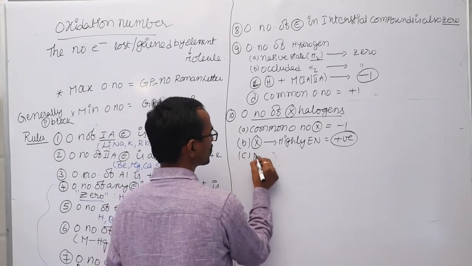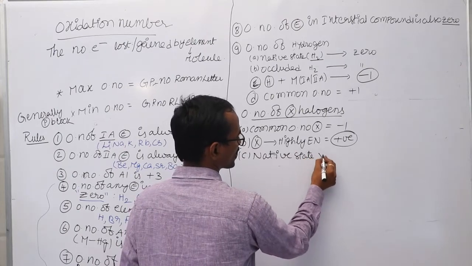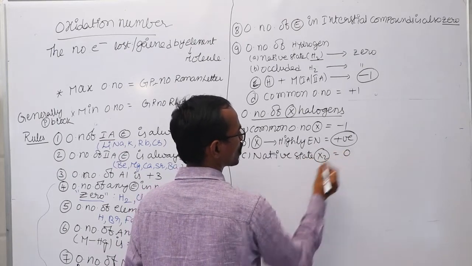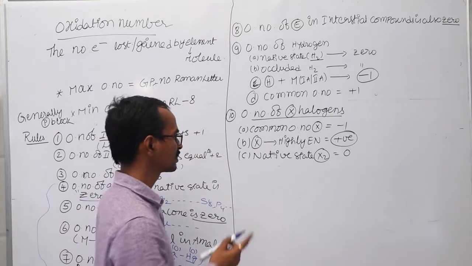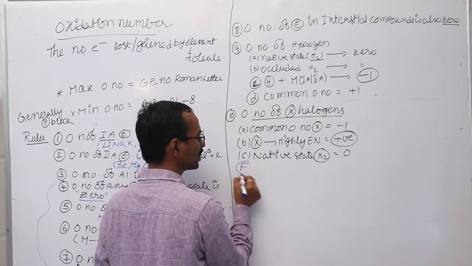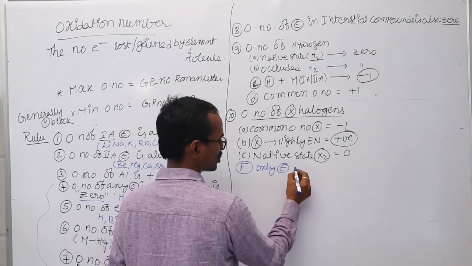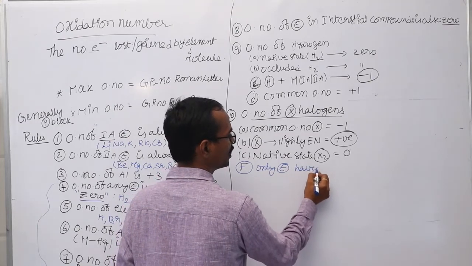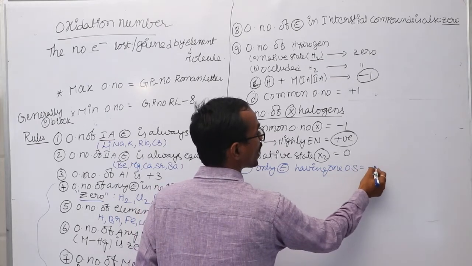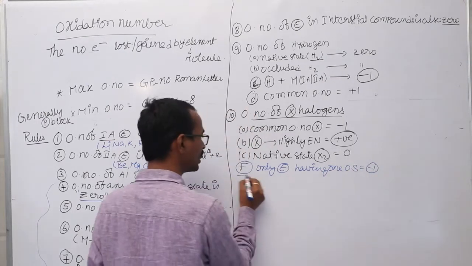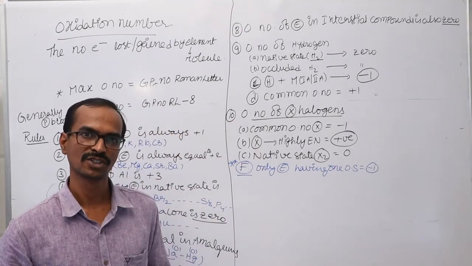Next, in native state, that is as X2, the oxidation number is 0. Here you have to remember fluorine. Fluorine is the only element having one oxidation state, that is -1. Fluorine does not exhibit positive oxidation states.